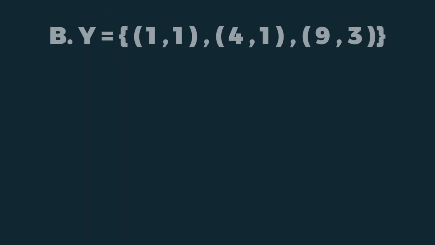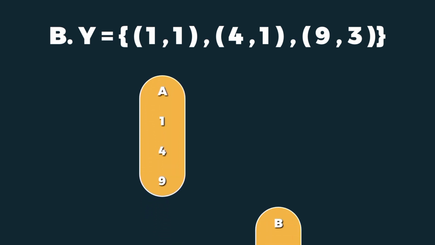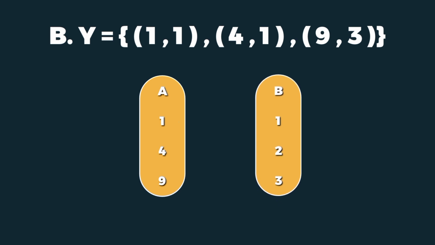Now let's try B. Y equals the set {(1, 1), (4, 1), (9, 3)}. We have our A {1, 4, 9} and B {1, 2, 3}, where 1 maps to 1, 4 maps to 1, 9 maps to 3. Let's check if this is a function.